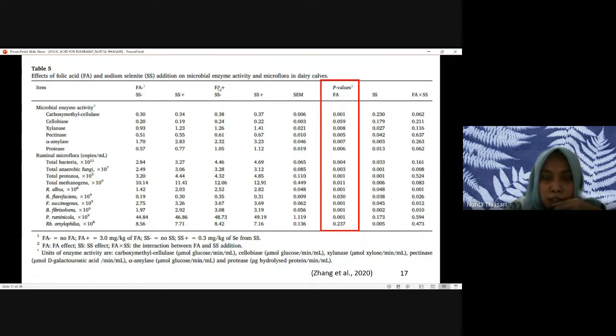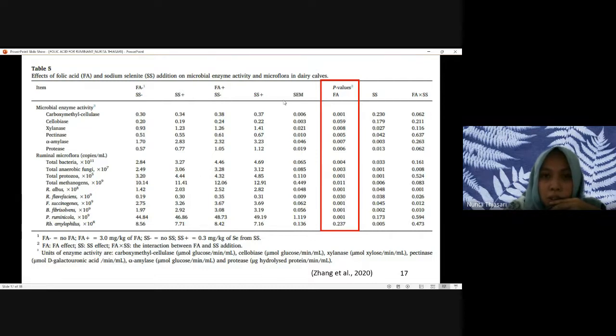So the folic acid is actually for the growth of the bacteria, but the addition of the selenite, or selenium, has the function of building up the cell wall of the rumen bacteria.